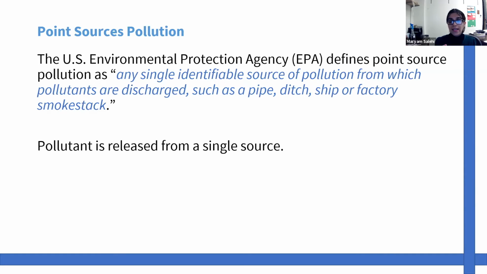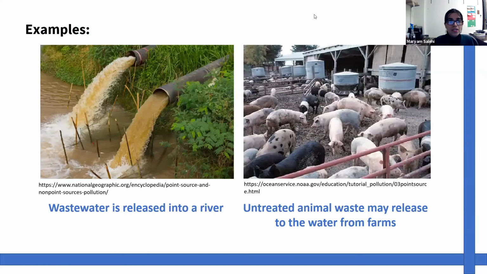So we know exactly what the source of pollution is. It could be a pipe, it could be a factory. So we call that point source pollution. For example, the effluent from a wastewater treatment plant that is released to the river is point source pollution.